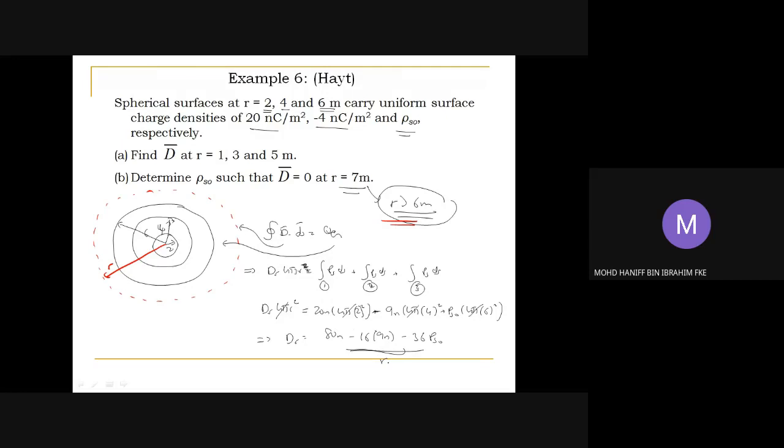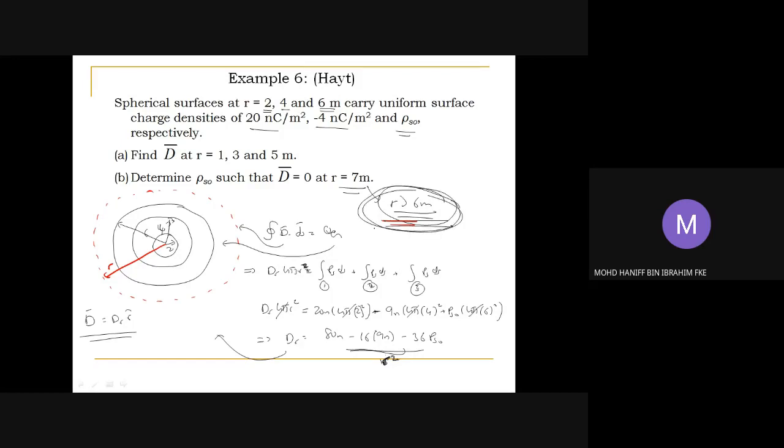And from here we can find the flux density D in general, in Dr of r terms. Basically the vector D that we obtain from these Dr terms is only valid for the value of r bigger than 6 as stated here. Yeah, r bigger than 6.